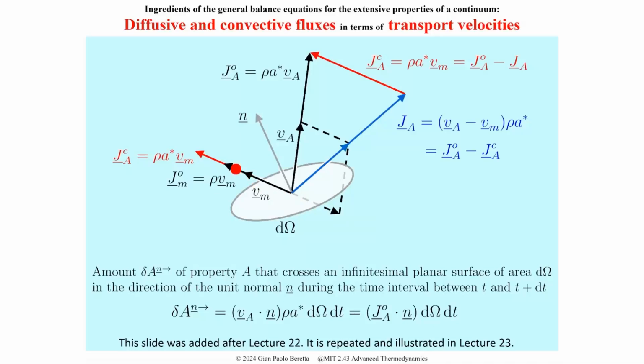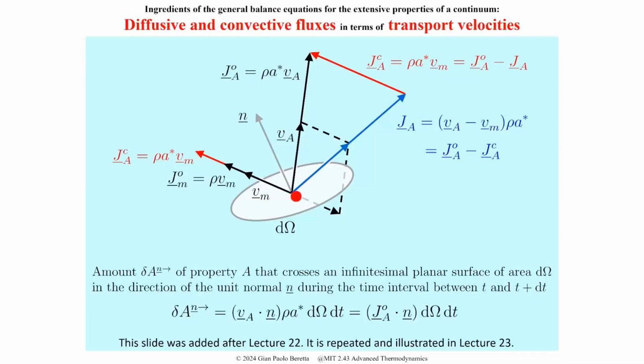Then we define also, for property A, we go back to property A, and we define a relative velocity. So the difference between VA and the velocity with which fluid parcels cross that surface, which is the barycentric velocity.